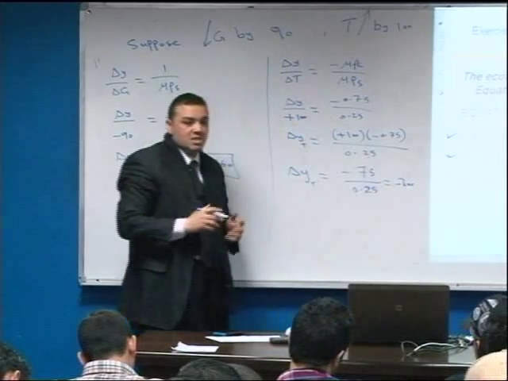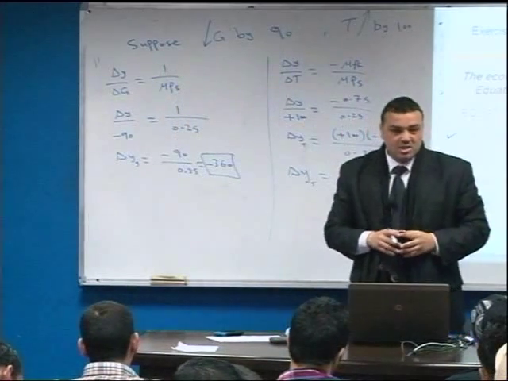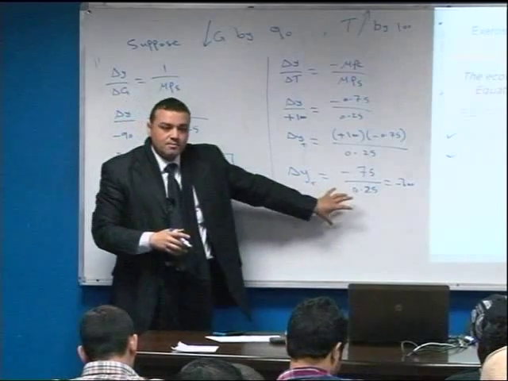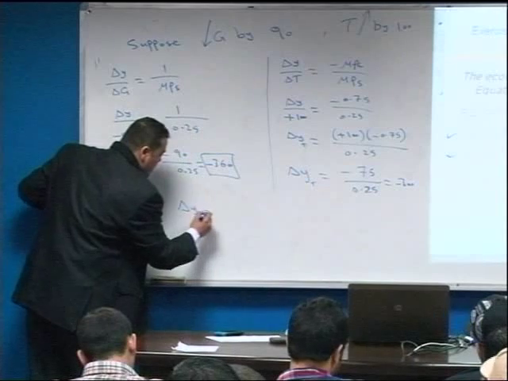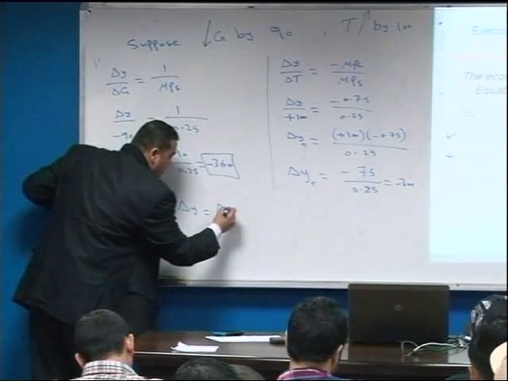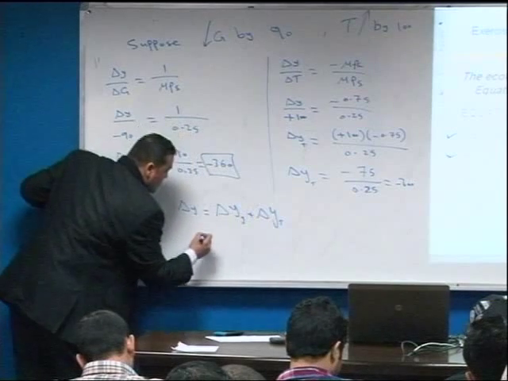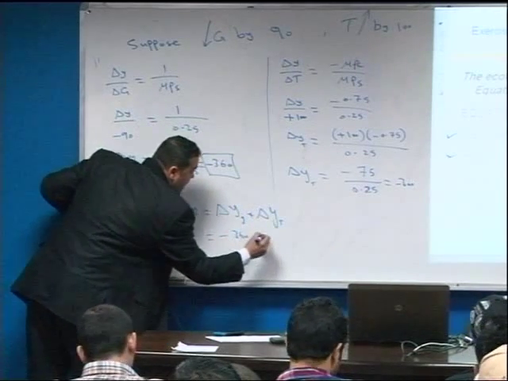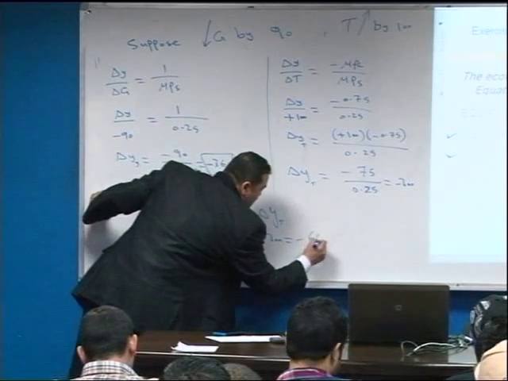So how much is the change in the aggregate level of income? How much is the change? The summation of this one and that one. So the final delta Y equals delta Y G plus delta Y T, which equals minus 360 minus 300 equals how much? Minus 660.